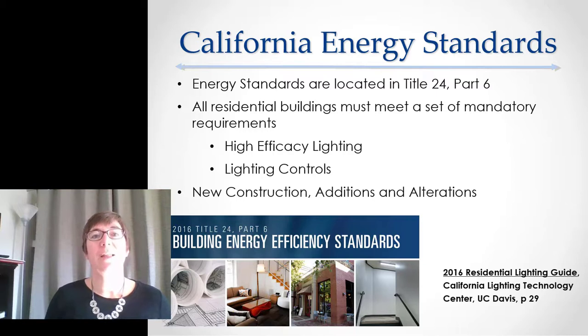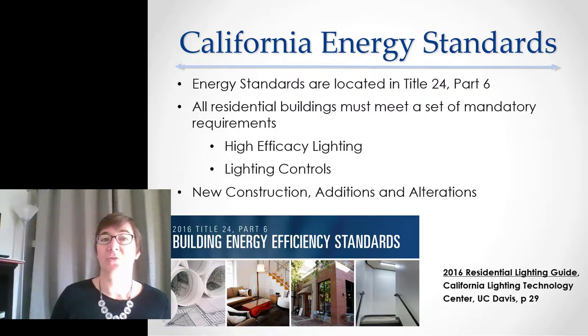So the California energy standards are located in the California Building Code. They're in Title 24, Part 6, if you're looking for them. All residential buildings must meet a set of mandatory requirements. They're in two categories. One is high efficacy lighting, and the other is lighting controls.